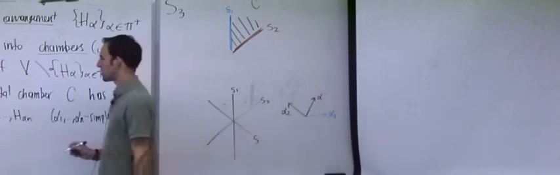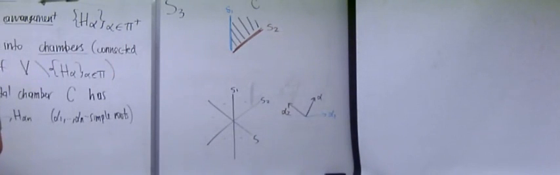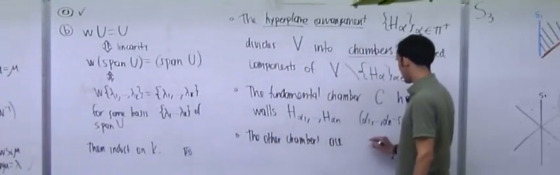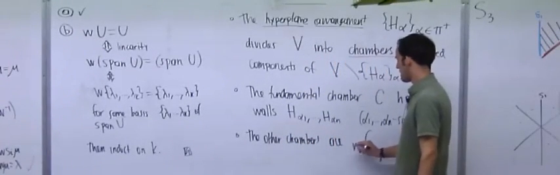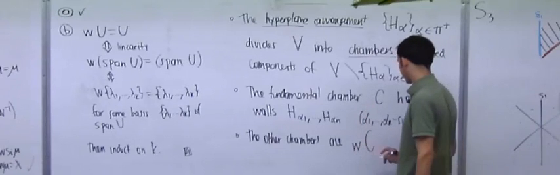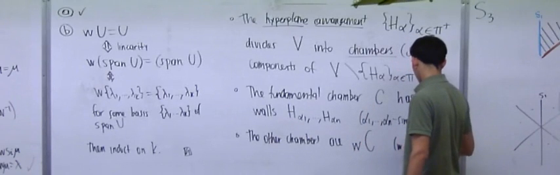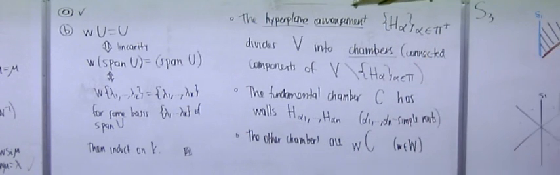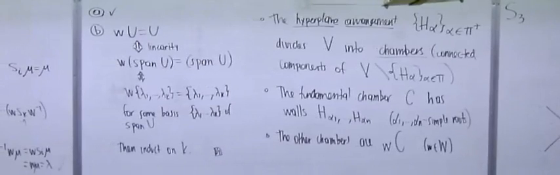The other chambers are basically the things that you obtain from C by letting a group element act on it. In particular, the number of chambers that you have is exactly the number of elements in the group.